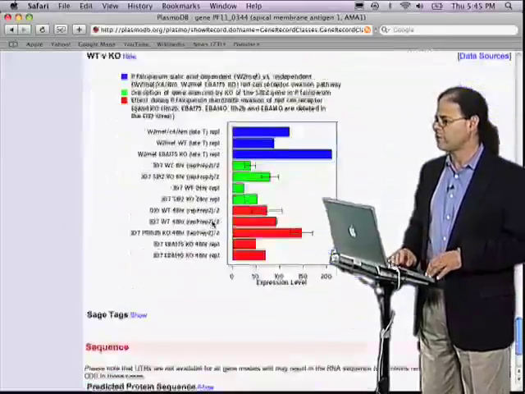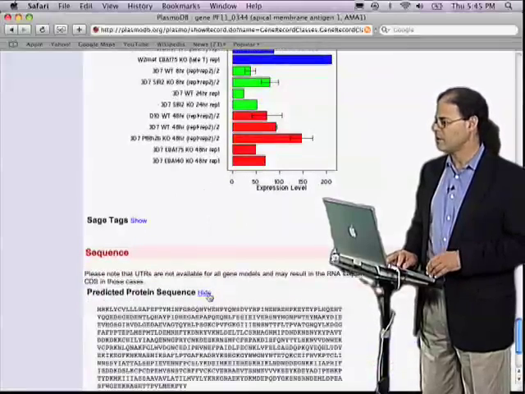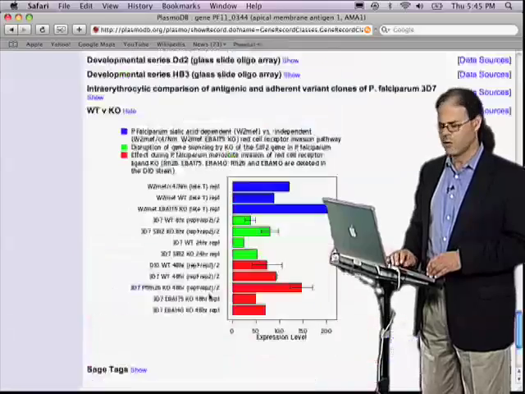Additional information comes from other expression studies, from knockout studies, sequence information that can be shown here, and so forth.